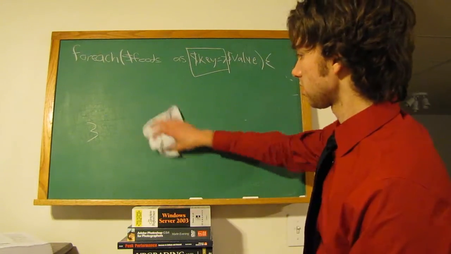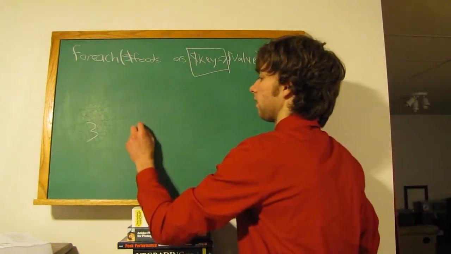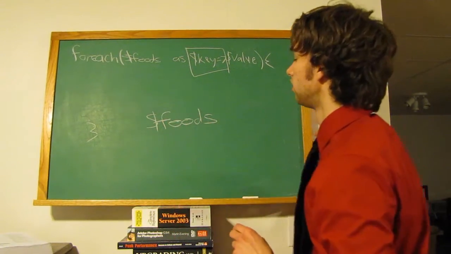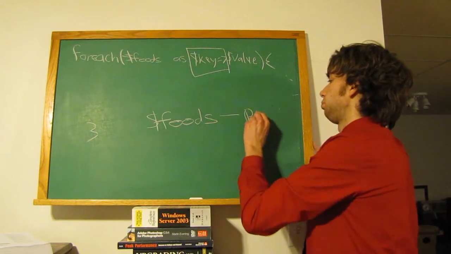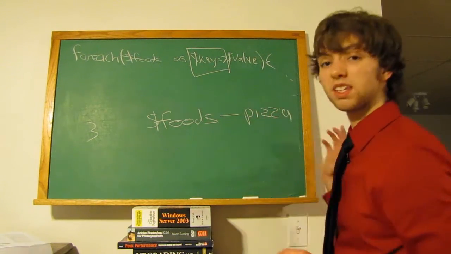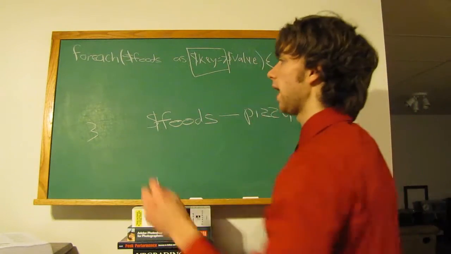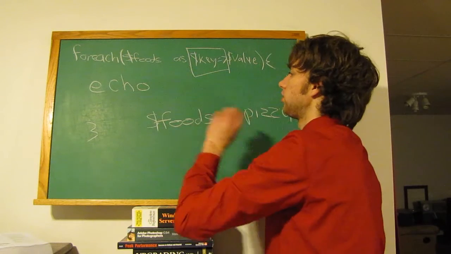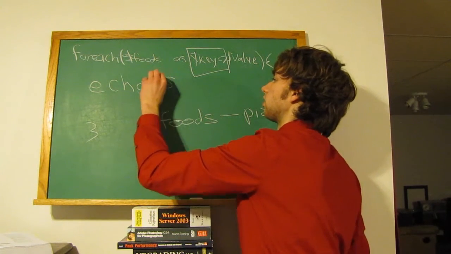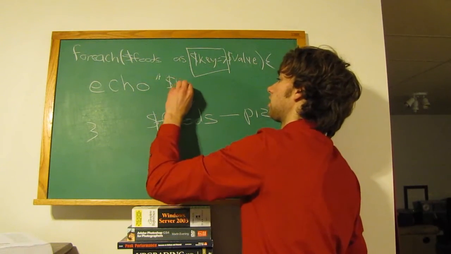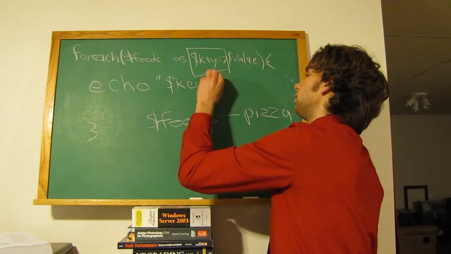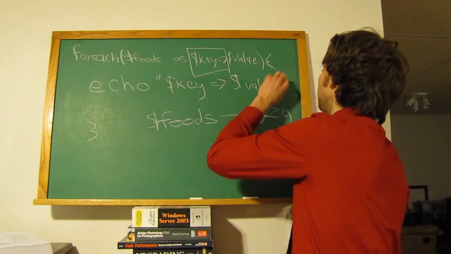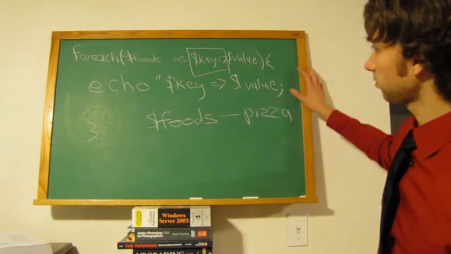So let's look at this. We had the array foods, and the first one was pizza. So let's use this block of code to echo what is going on. Echo, and we are going to echo within quotes key value. That is what we're going to echo.